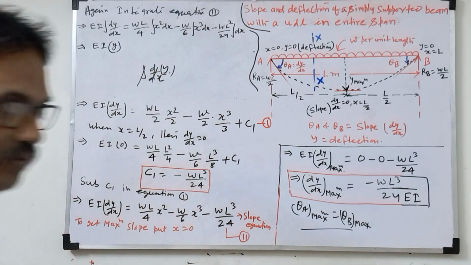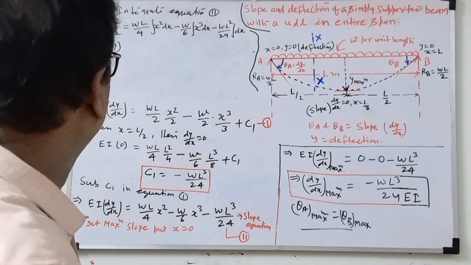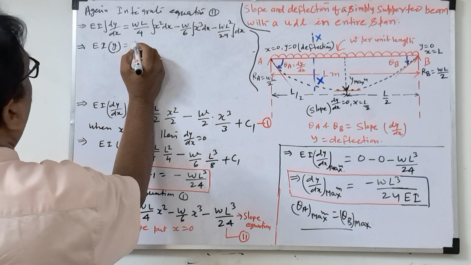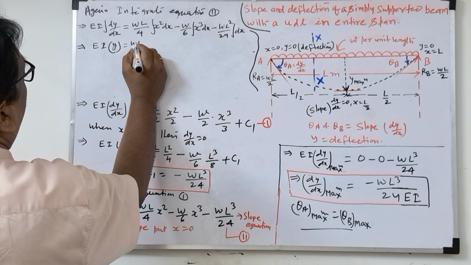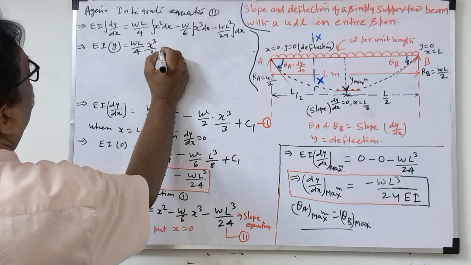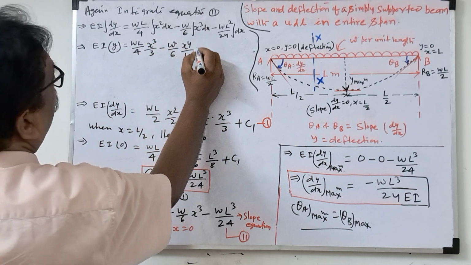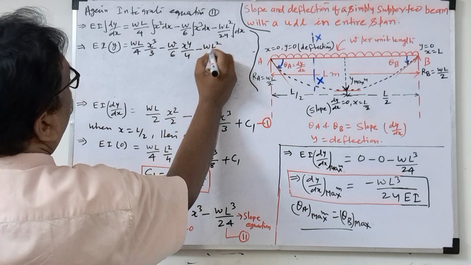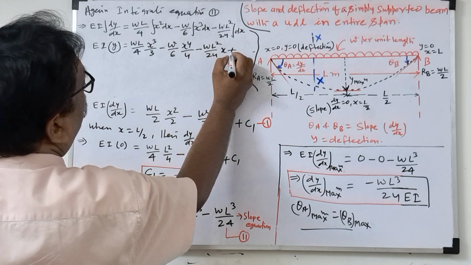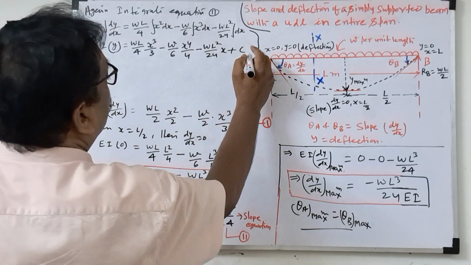So EI y equal to WL by 4 x cube by 3 minus W by 6 x power 4 by 4 minus WL square by 24 x plus some constant C2.